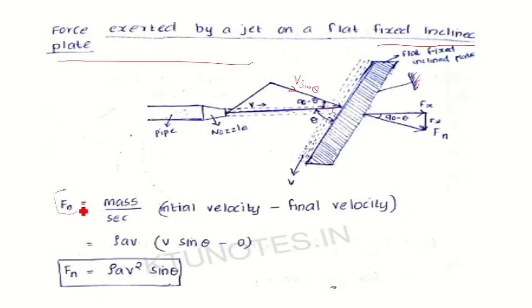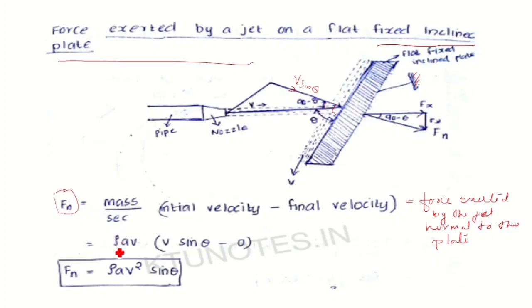It is mass per second into initial velocity minus final velocity, as we said earlier.